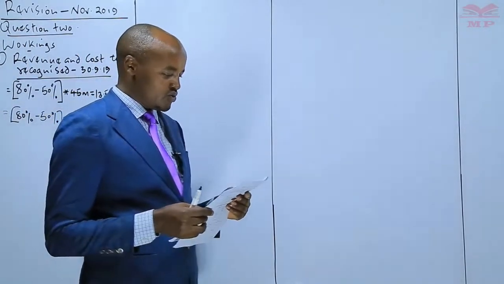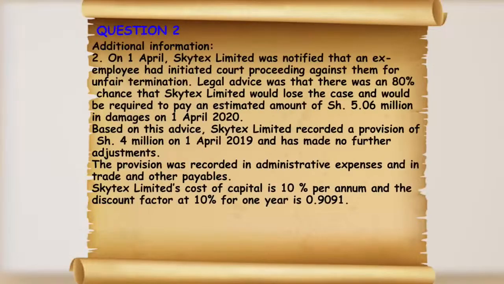So we proceed to note number 2, and we are told on 1st April 2019, Skytex Limited was notified that ex-employees had initiated court proceedings against them for unfair termination. Legal advice was that there was an 80% chance that Skytex Limited would lose the case and would be required to pay an estimated cost of 5.06 million in damages on 1st April 2020.